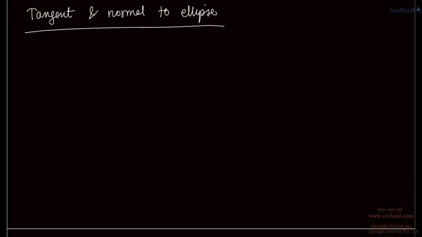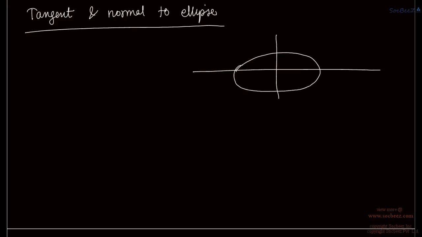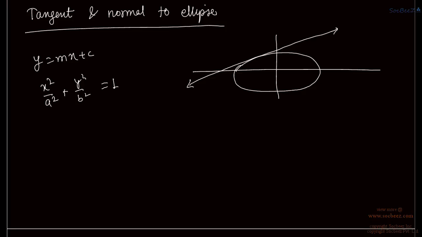Now, tangent to ellipse. The line y is equal to mx plus c is a tangent to the ellipse x square upon a square plus y square upon b square is equal to 1 if the condition is that c square is equal to a square m square plus b square.